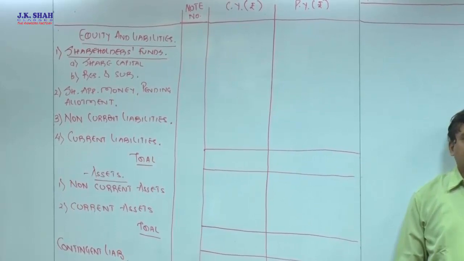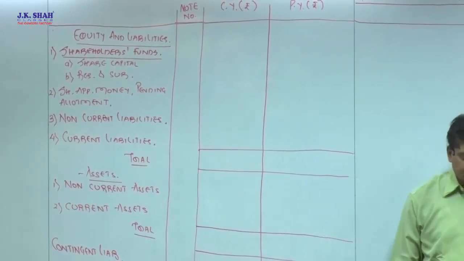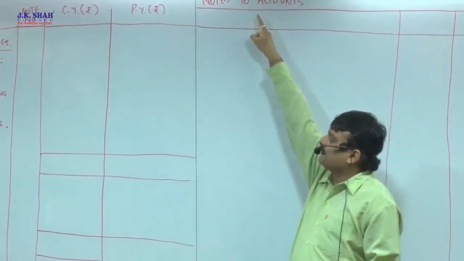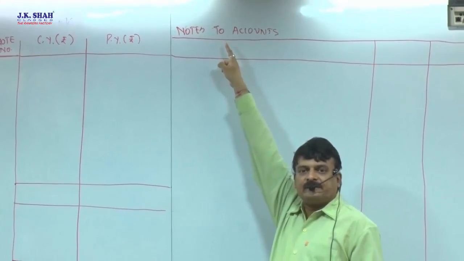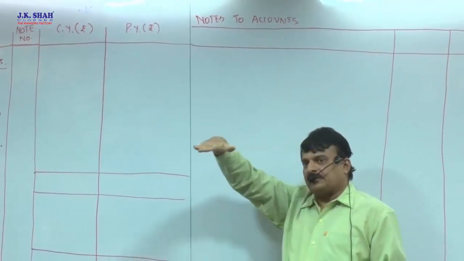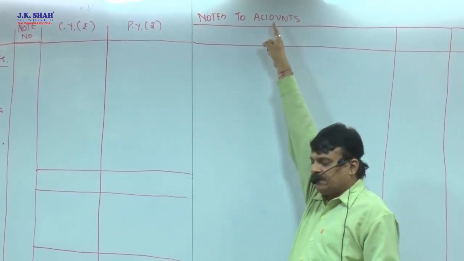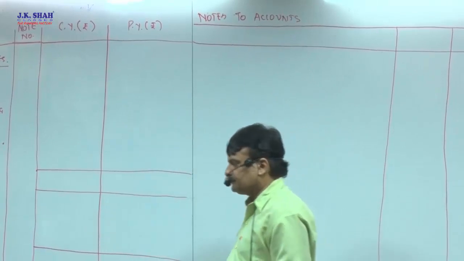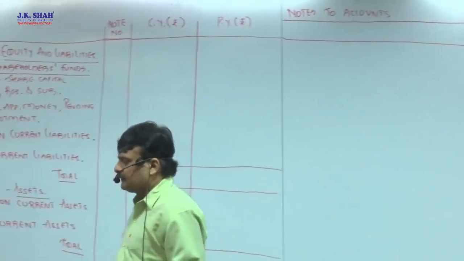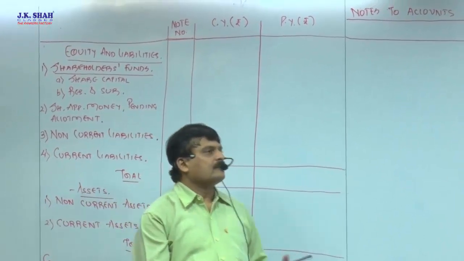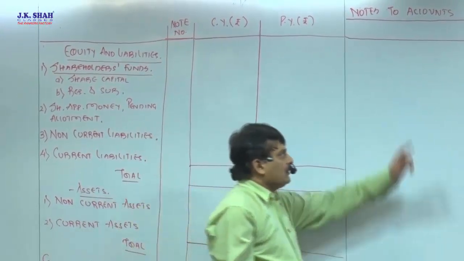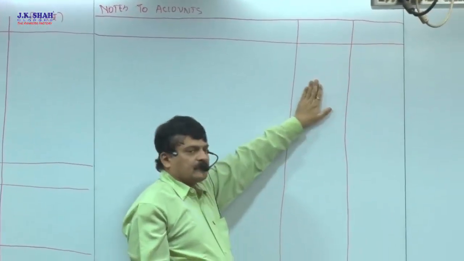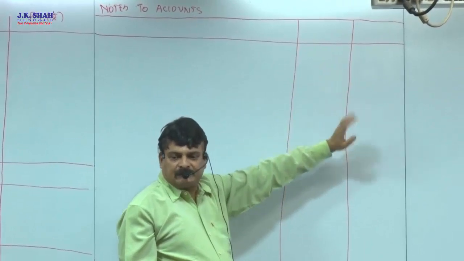Ready everyone? After drawing that horizontal line, next line, give heading, notes to accounts. Notes to accounts, make two columns, current year and previous year.